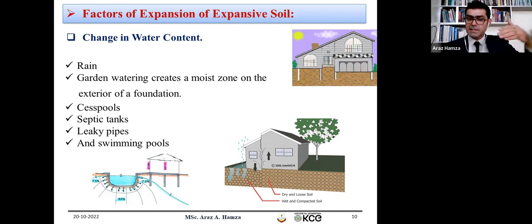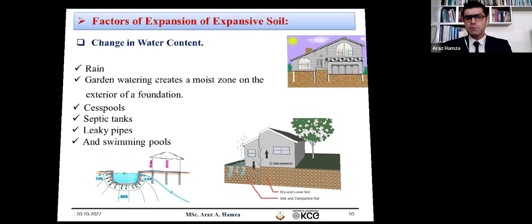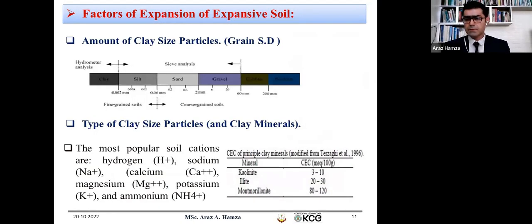Why? Because it leads to a big problem, just like those cracks that you see in the picture. This would be because of water variation in the soil beneath your foundation. That's the first factor behind volume change.